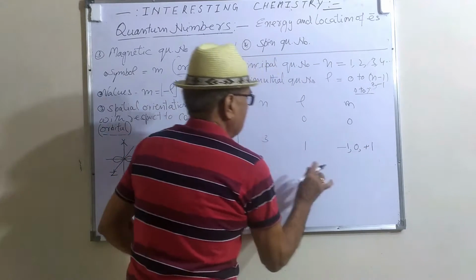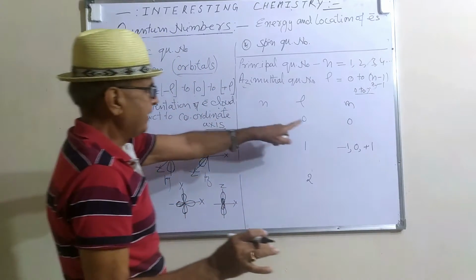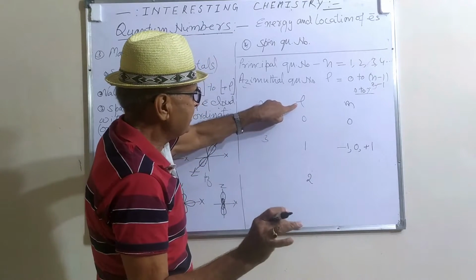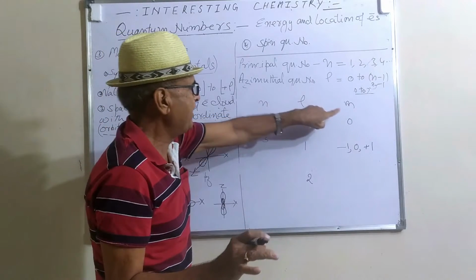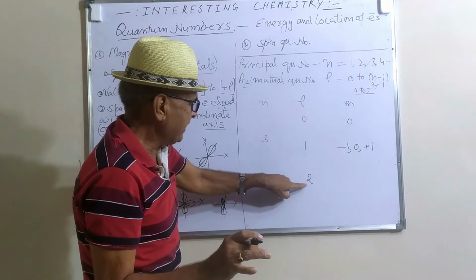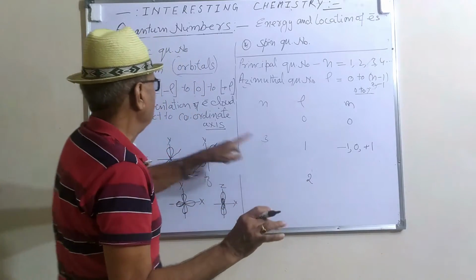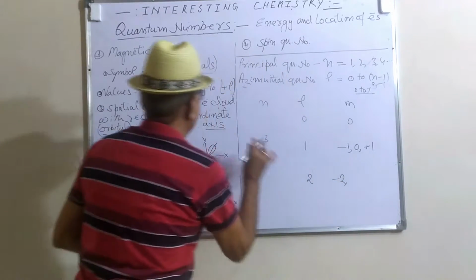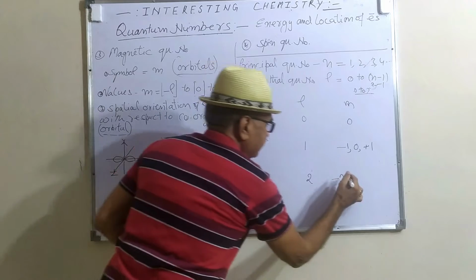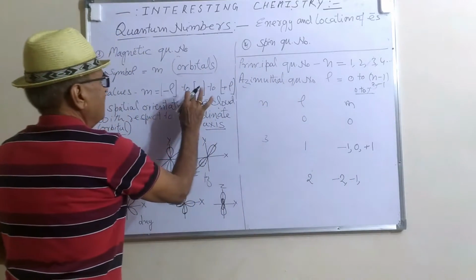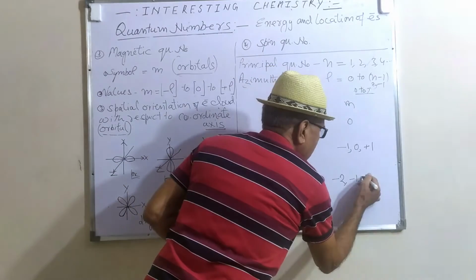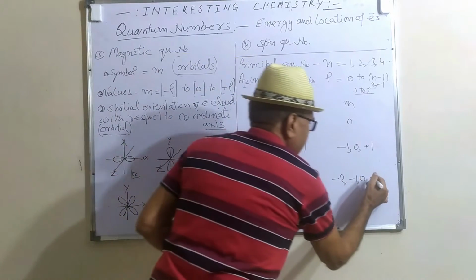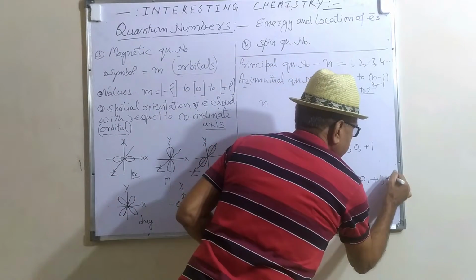For L equal to 2, we write minus 2, minus 1, 0, plus 1, then plus 2.